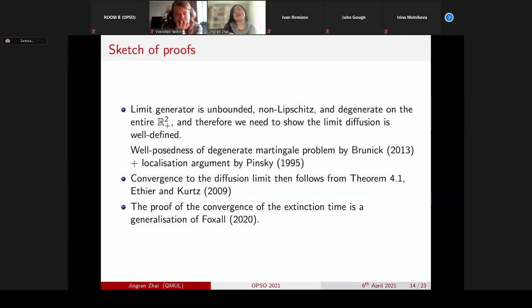This is done by applying the standard localization argument to a result from Brunig 2013. After that, we prove the convergence to the diffusion. Next, we need to prove the convergence of the extinction time by showing that the sequence has a tendency of approaching downwards towards 0.